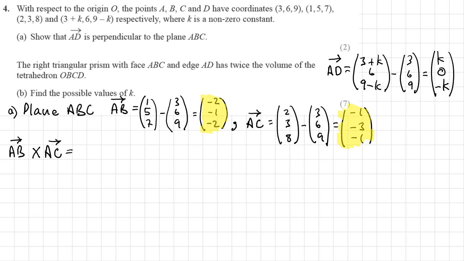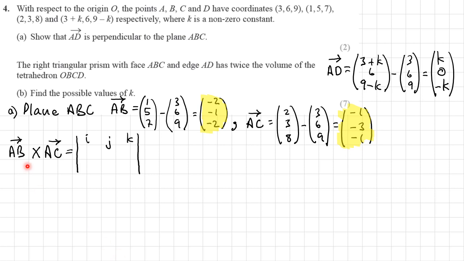Then I'm going to compare that to AD. And if AD is perpendicular to the cross product of AB and AC, then AD is going to be some sort of multiple of that vector, because by doing a cross product I find a normal to both of these vectors, which is going to be a normal to the plane, or perpendicular to the plane ABC.